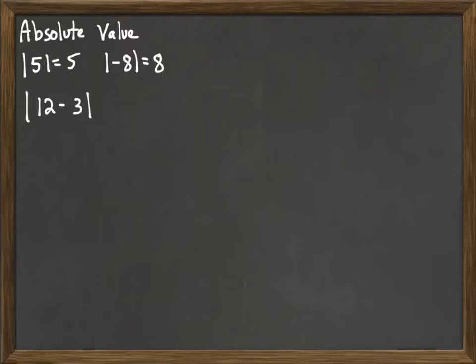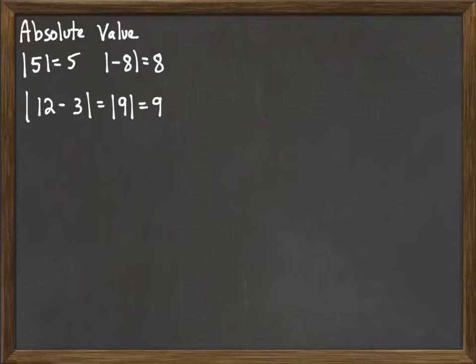Now, when you have something inside of the absolute value, you need to simplify whatever it is. Here we're just doing 12 minus 3. Later on we can have signed numbers in there. Whatever is being done, we need to work out the inside down to a single number first.